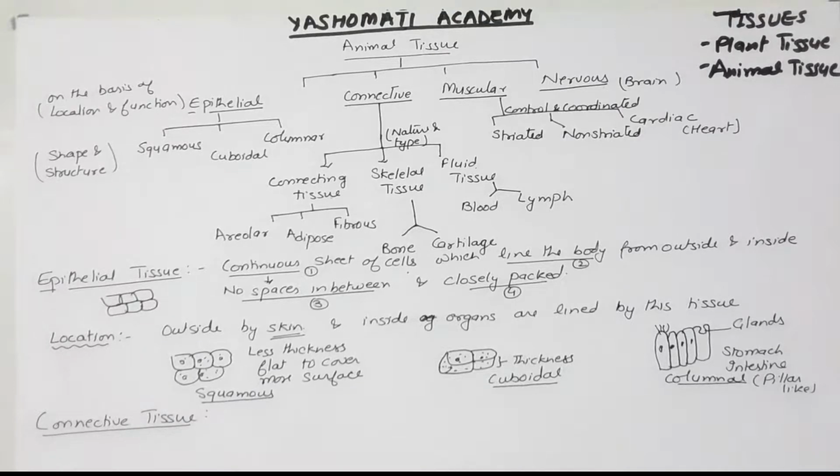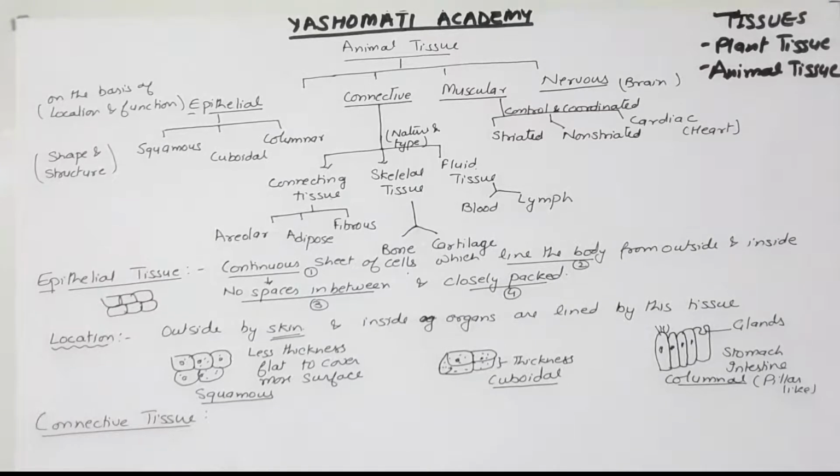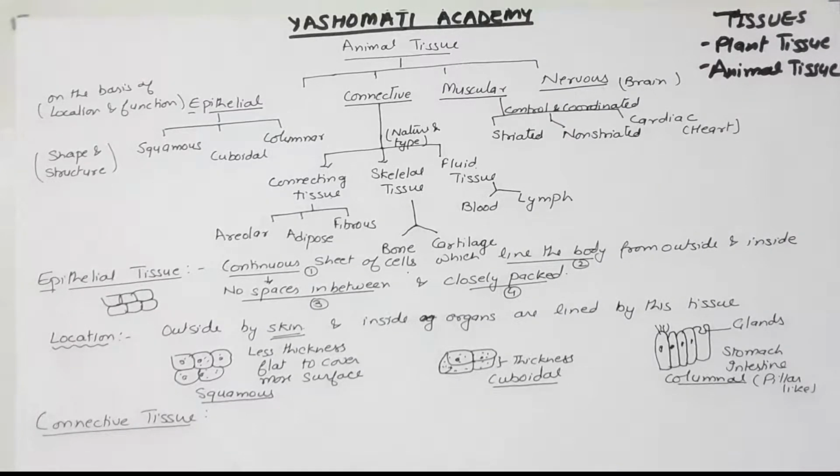The reason, as we discussed, that main reason is that they have to do specialized functions, and for doing that specialized function they get slightly differentiated, and because they are doing that function and for that they are adapted also, so because of that they can do that function very well. So this is a brief introduction about the connective tissue.